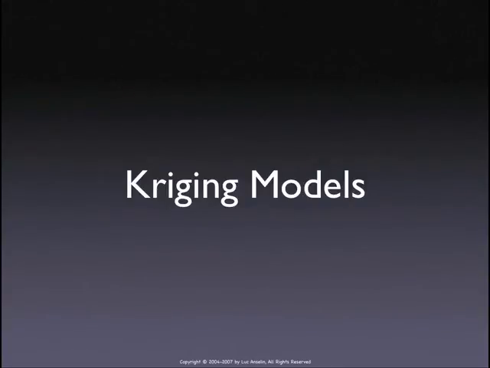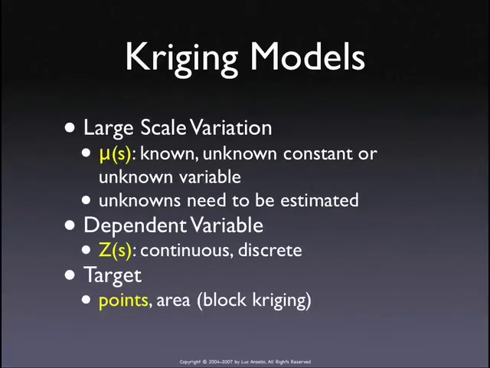There are two types of Kriging models. I talked about the variogram models, and that was one distinction that we made earlier today. But then there are differences between the Kriging models depending on how much information we take into account. For example, we saw that spatial variability was distinguished between large-scale variation, the trend, and small-scale variability. This trend, is this known? That's kind of an artificial situation. In practice, this never happens.